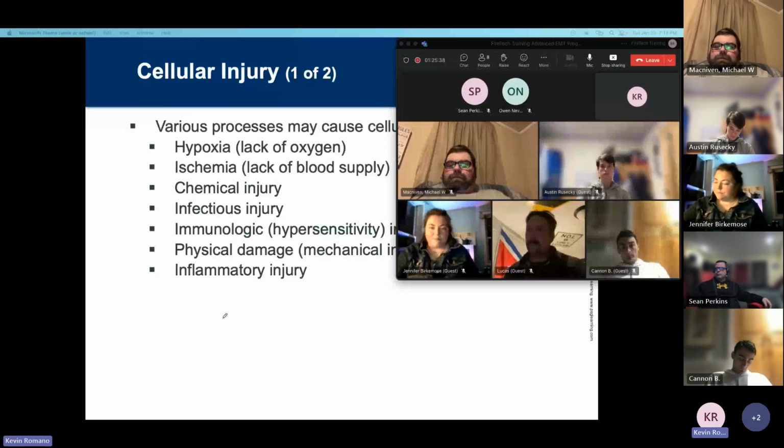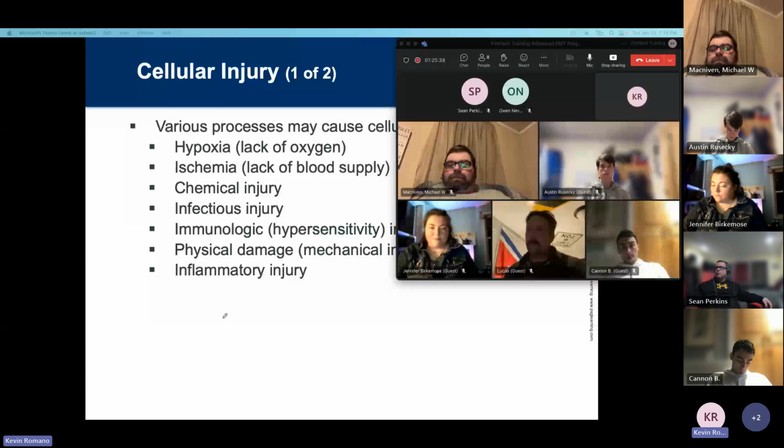Give them oxygen, whether it be through nasal cannula, non-rebreather, BVM. Ischemia, lack of blood supply. All right. Chemical injury, infectious injury, immunologic, so hypersensitivity injury, physical damage, like a mechanical injury. Then we have inflammatory. So those are the different ways that can cause the cellular injury to occur.